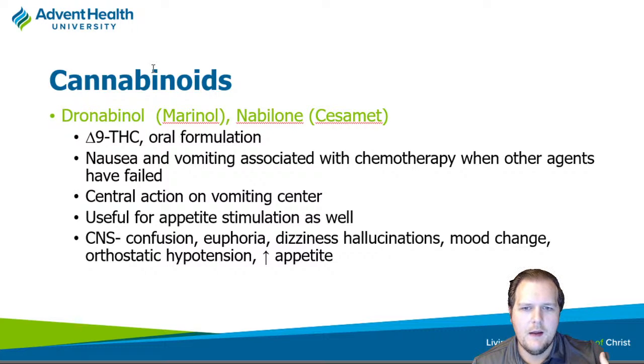By utilizing cannabinoids, and I'm sure most people are familiar with marijuana causing the munchies, it works as an appetite stimulant, and that allows patients to have better oral intake. So they're getting more calories in, getting their nutrients, and that can be a side benefit.